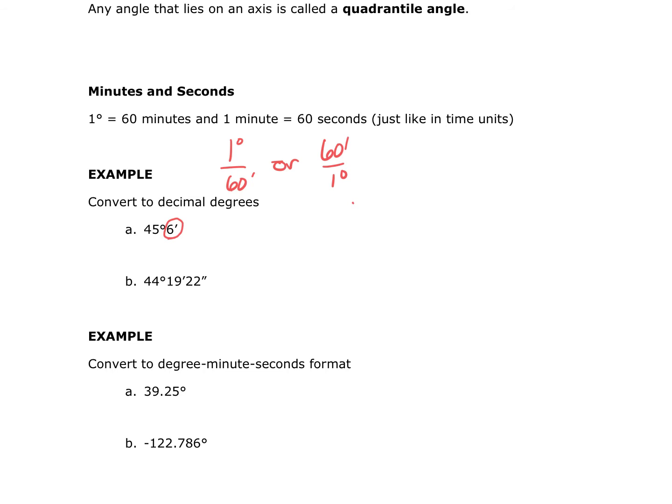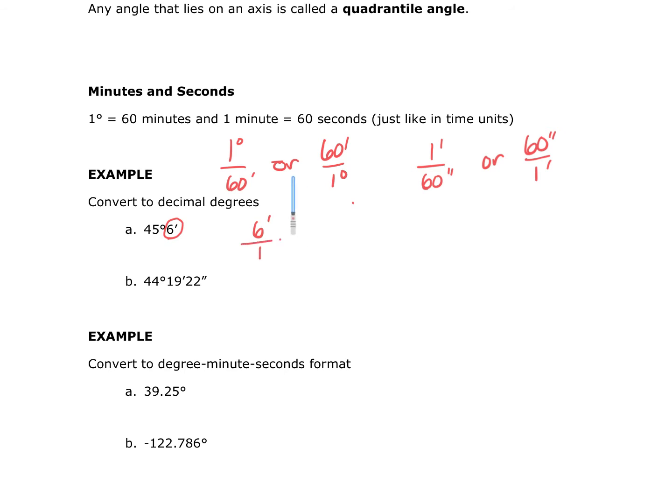Similarly, I have 1 minute over 60 seconds, or I have 60 seconds over 1 minute. Now, I don't have to convert the 45 because the 45 is already in degrees. What I need to convert is the 6 minutes. So I put 6 minutes over 1.